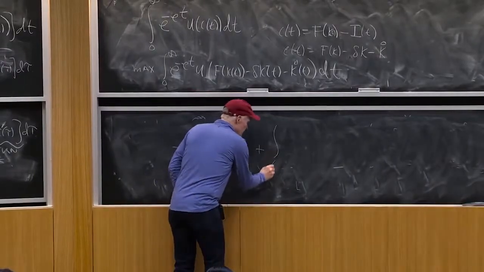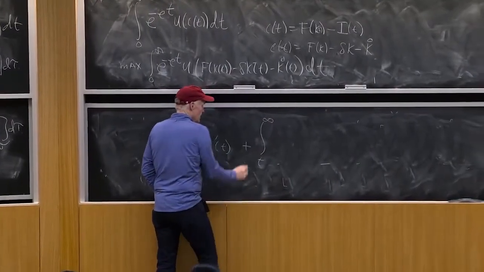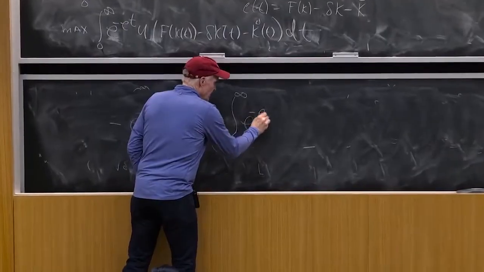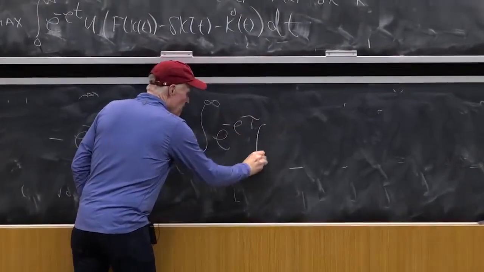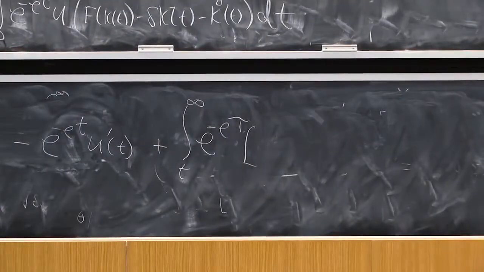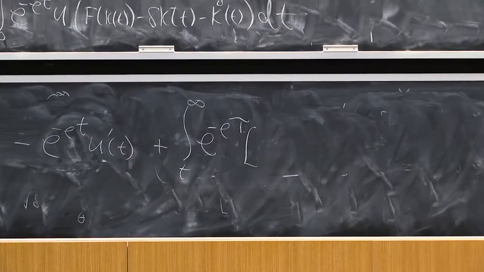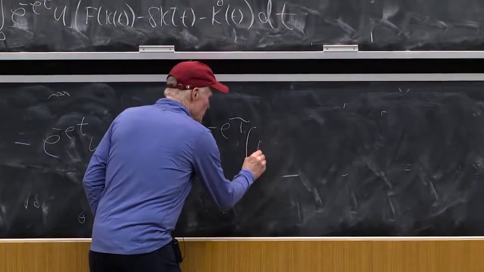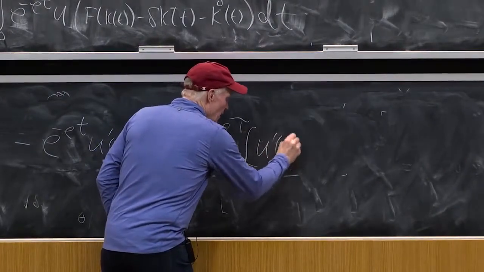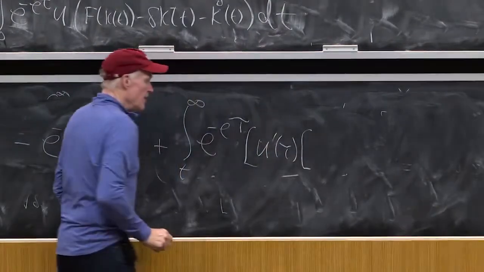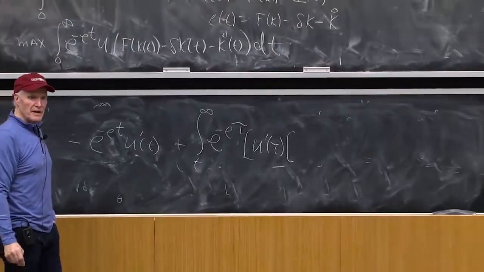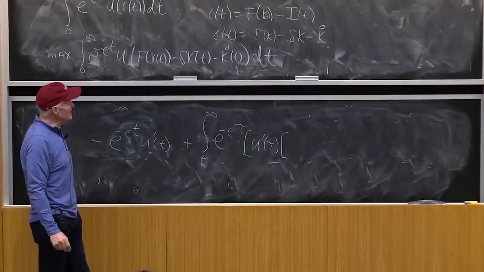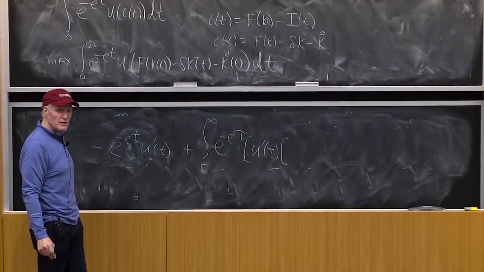Well, from period t on, again, discounted, what am I going to gain? I'm going to gain u prime of tau. And how much extra consumption am I going to get? Remember, I'm holding k dot fixed in the future.